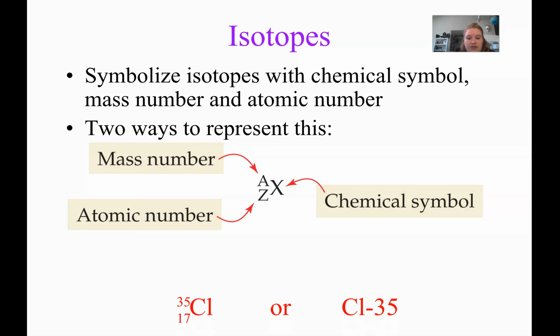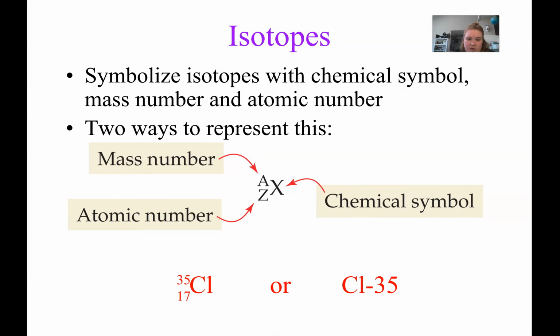So there are 2 different ways to write an isotope symbol. We can write it this way, where we have the atomic symbol in the center there. We have the mass number in the top left position and the atomic number in the bottom left position.